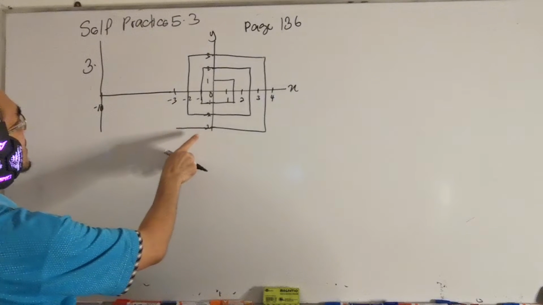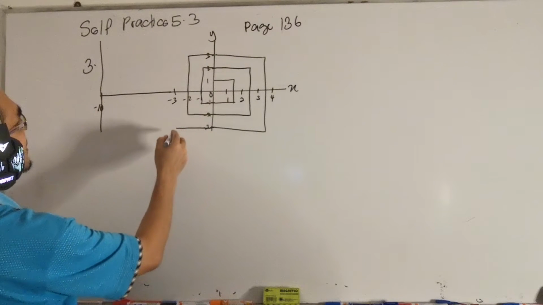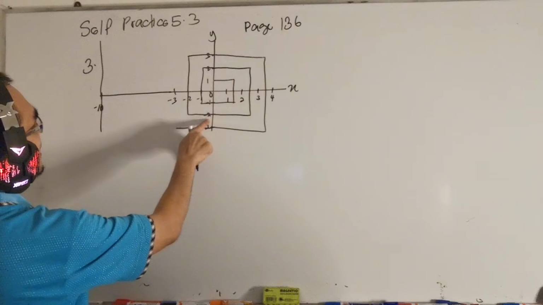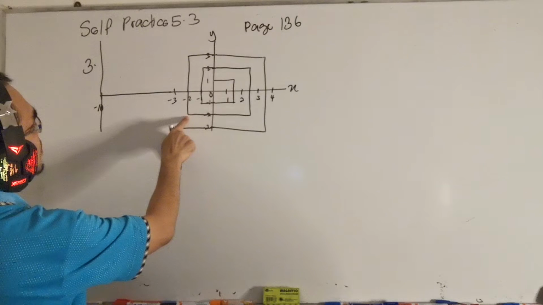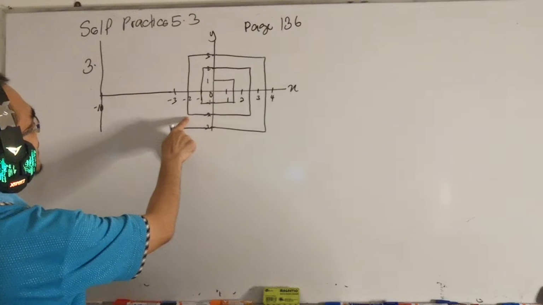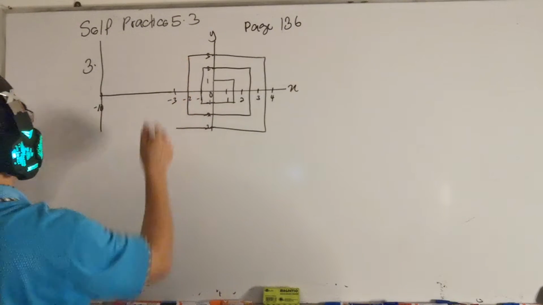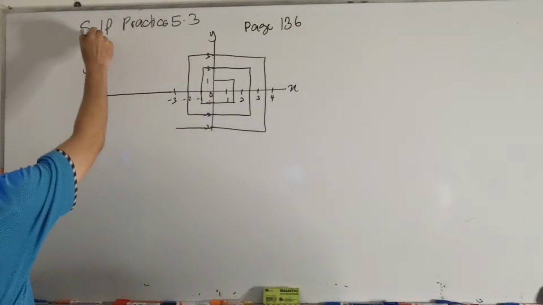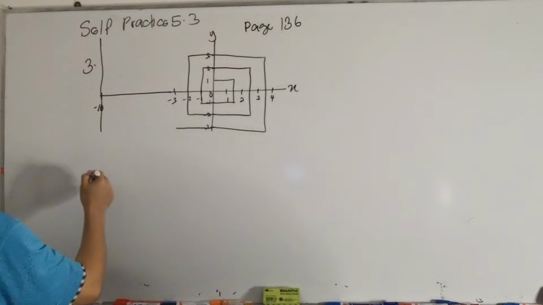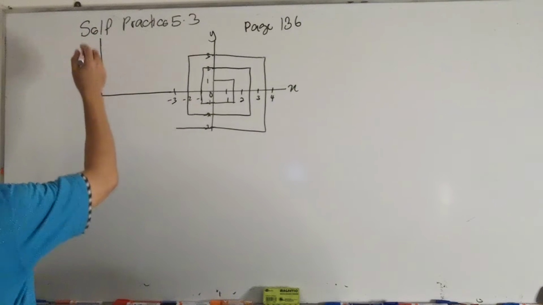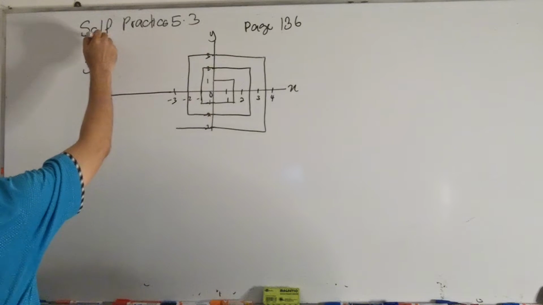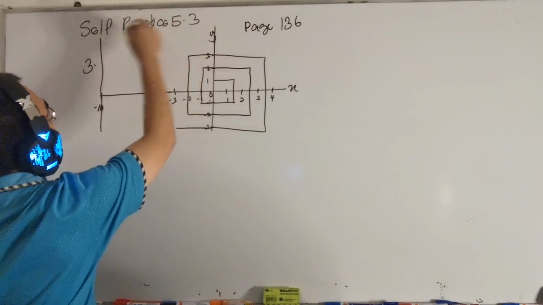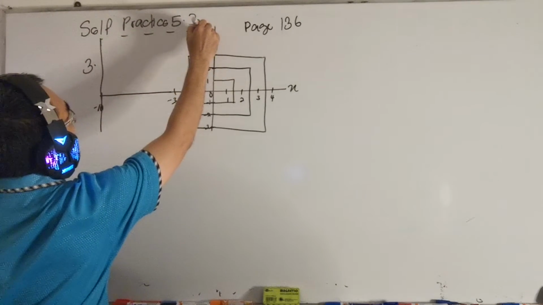From -2 it goes up to 3, then from -10 it goes all the way to 11 here.